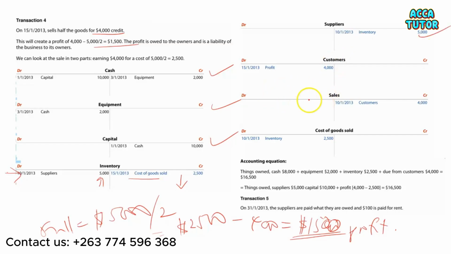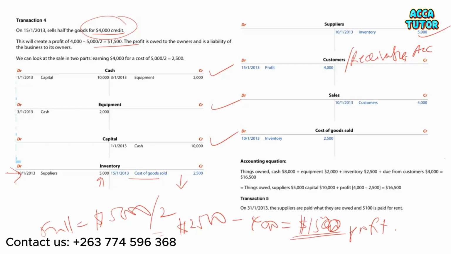The customers, we sold the items for $4,000. So these items were sold on credit. If the items were sold on credit, we then have to have the customers, or let me just say receivables account.